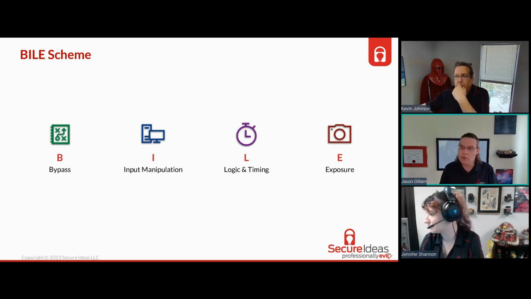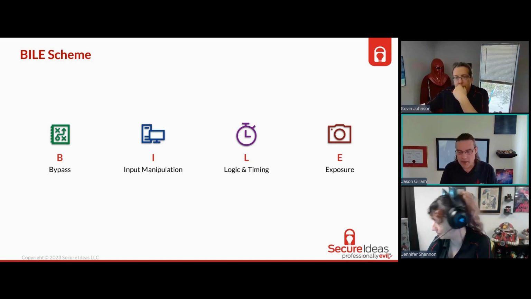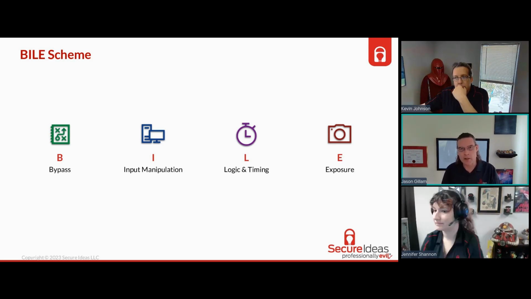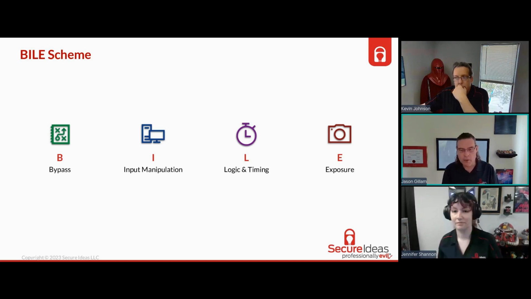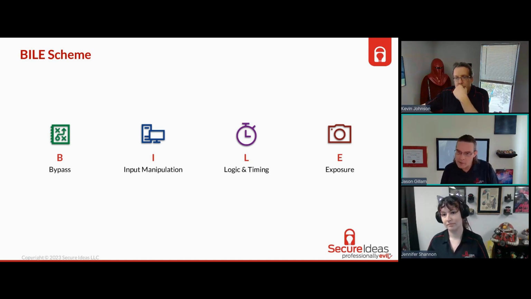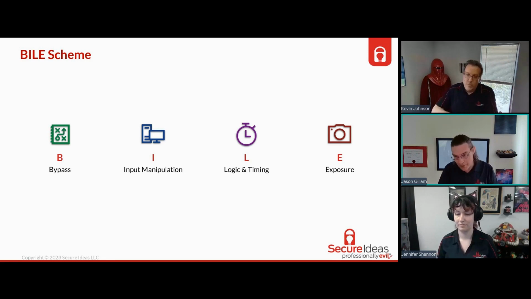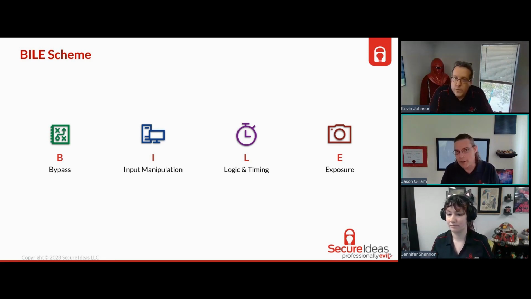There are 4 parts to this classification scheme, and the purpose is to classify the testing activities that we perform during a web application pen test. They're basically broken down as BILE, or the 4.